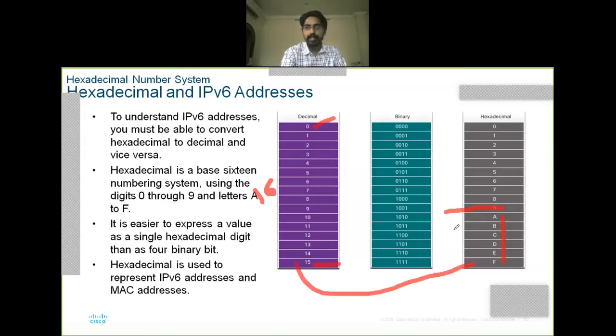And then the binary number equivalent to hexadecimal F is 1111. Equivalent for hexadecimal A in binary is 1010. So the two columns represent the equivalence. This is the binary number that you should note.